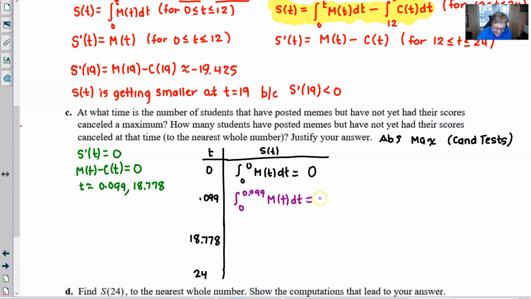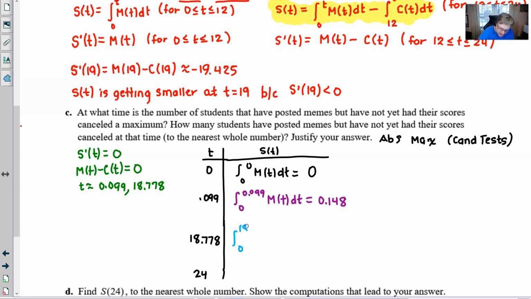Well, what's likely happened is we haven't really started to do much of anything because we're just shortly out of the gate. When students have left the testing room, we're not even a tenth of an hour. And so it's probably not logical that that would make sense. Now when we get to 18.778, this is where things are a bit different. What has to happen here?